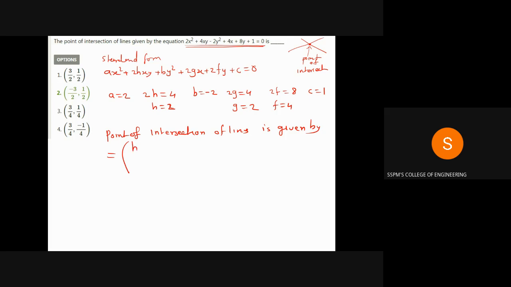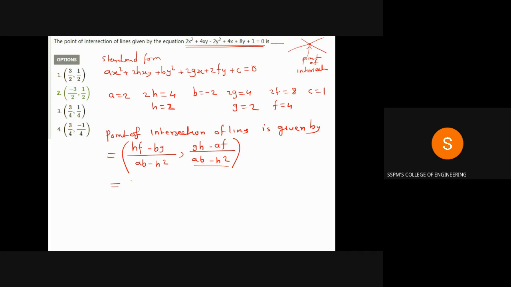It is given by hf minus bg divided by ab minus h square, and the y coordinate is given by gh minus af divided by ab minus h square. This is the x coordinate and this one is the y coordinate.